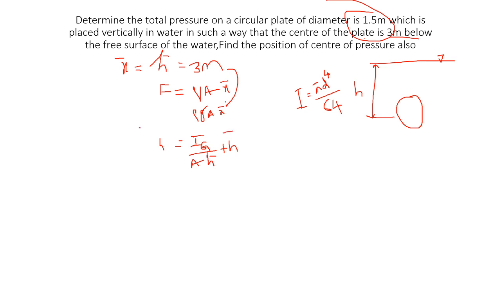This is the equation. If you substitute these values, you will get H, that is the position of the center of the pressure. H is nothing but the position of the center of the pressure. Total pressure is gamma into A into x bar, or rho g into A into x bar. This is the equation. Okay, so try to solve this problem.